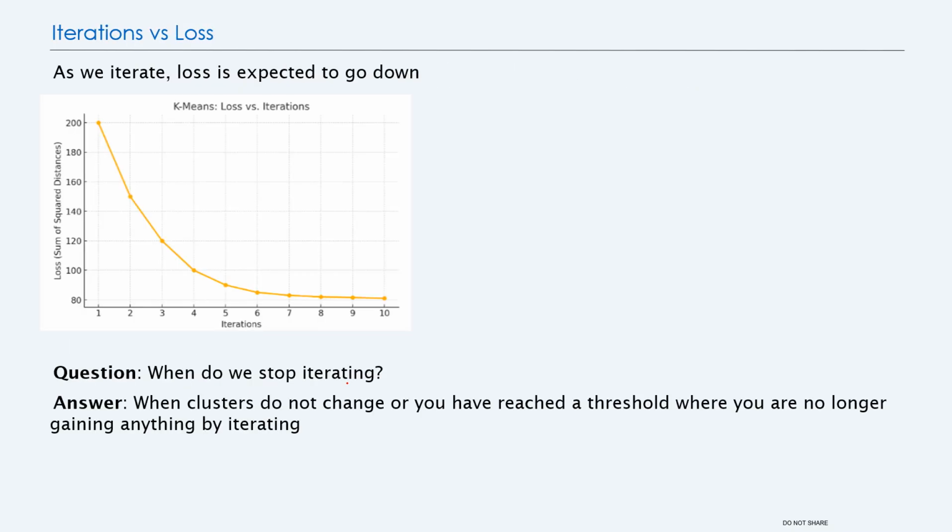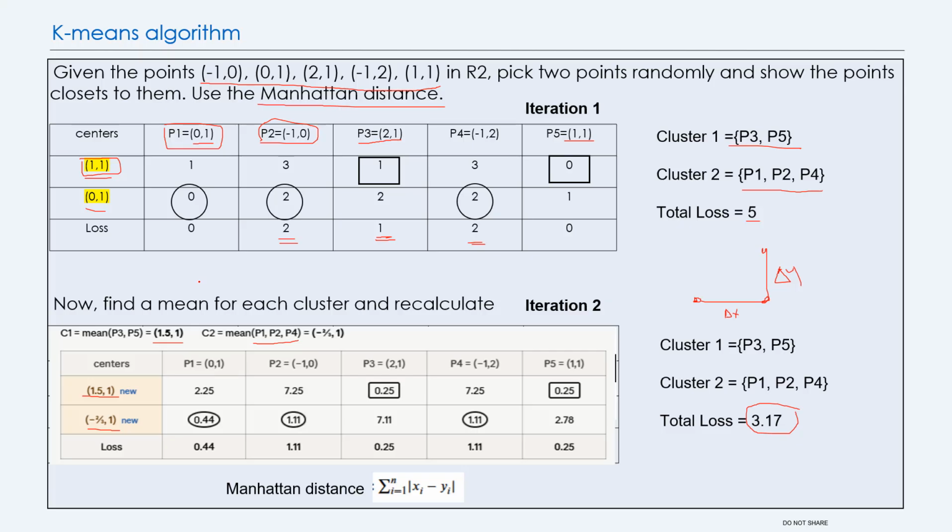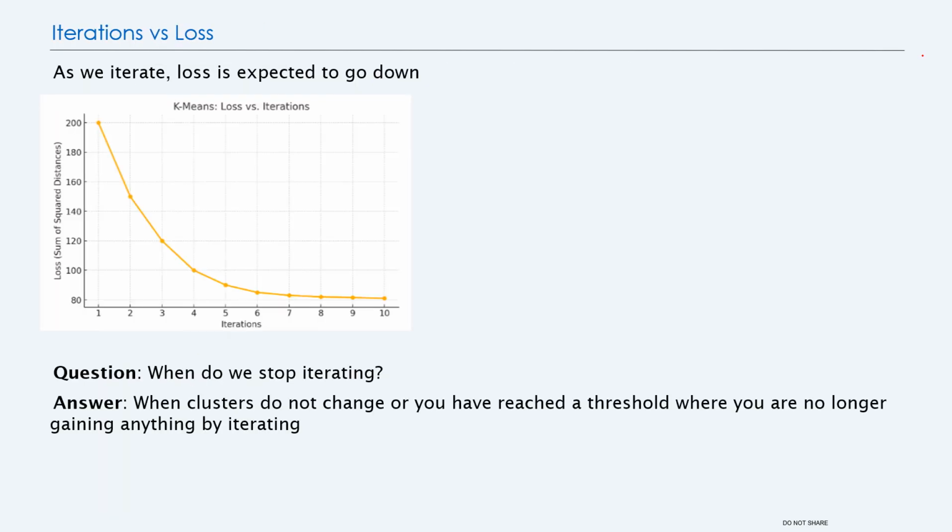Now, one of the things you will notice is that as you iterate through this algorithm, the loss will begin to decrease. And we saw that in the previous case. We went from 5 to 3.17. Okay, so loss is going to decrease.